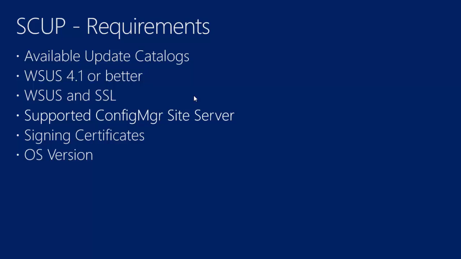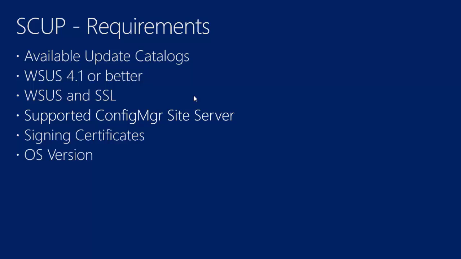And then WSUS and SSL is an interesting one. Strictly speaking, there is not a specific requirement for, well, let me say it a different way. The WSUS and SSL requirement exists only when your SCUP console is remote from your WSUS server. This is a WSUS API requirement. It is not a SCUP requirement. SCUP has to leverage what's out there.